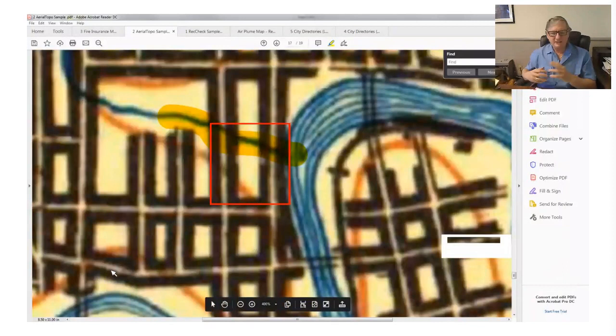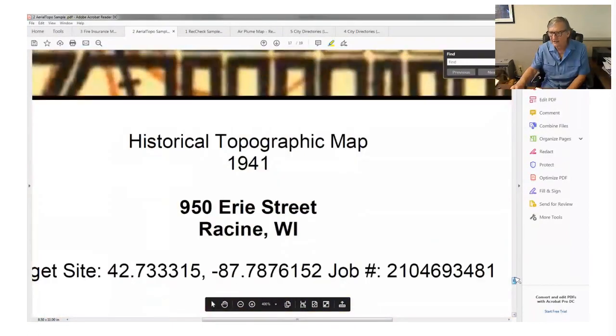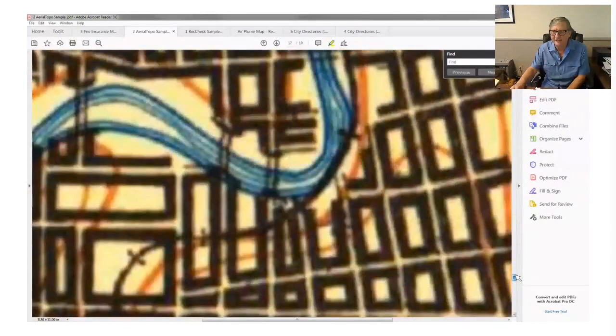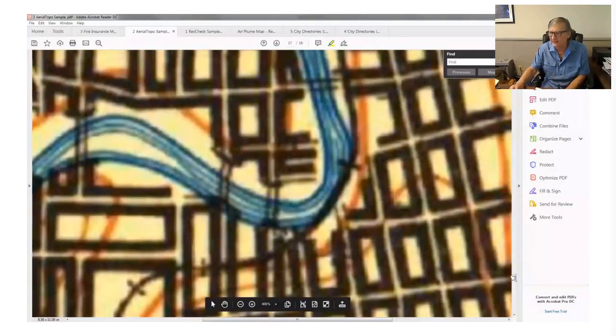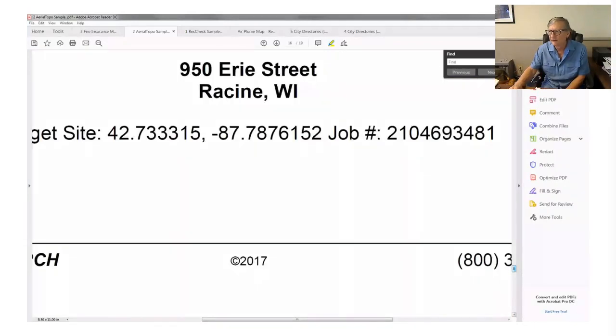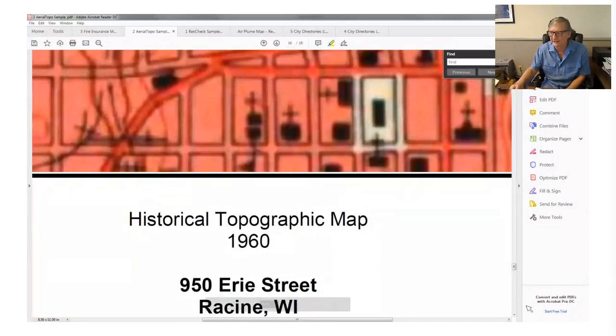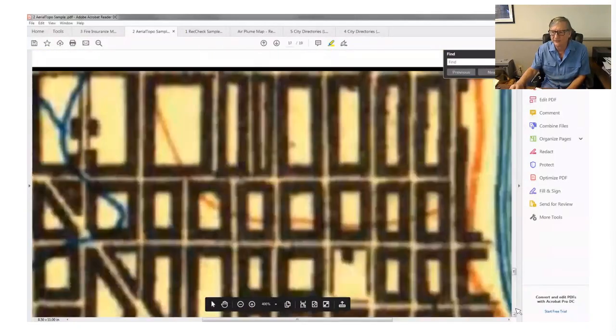And so the uses of the property become a concern now, because if it's used for a culvert, and they probably didn't dig out the entire creek bed, but filling this culvert in somewhere after 1941, probably somewhere in the 50s, let's go up, 1960, somewhere between 1940 and 1960, that culvert was filled in.